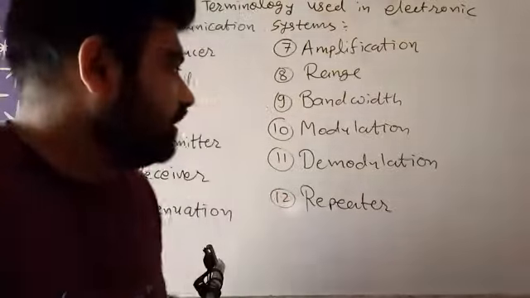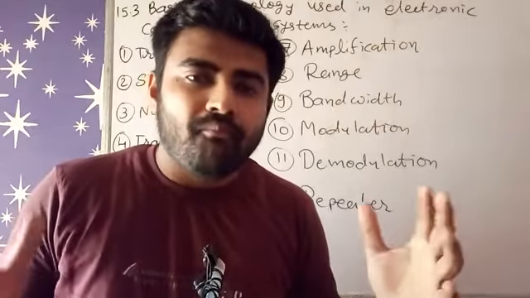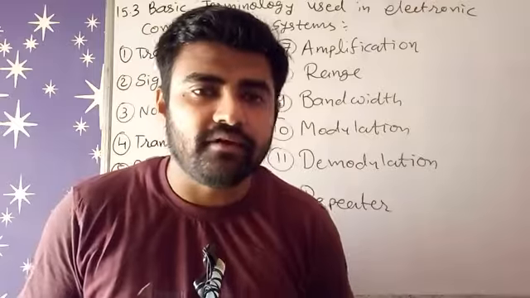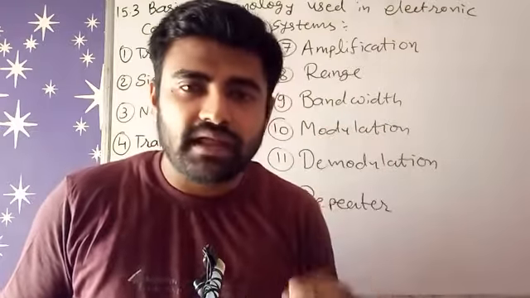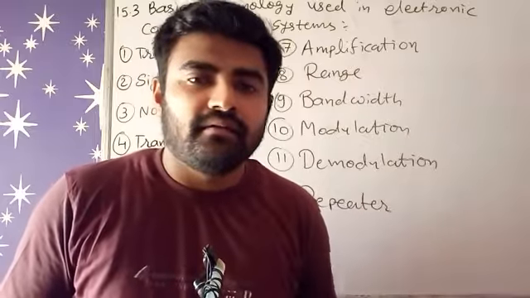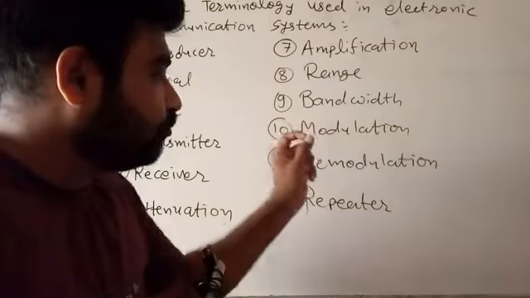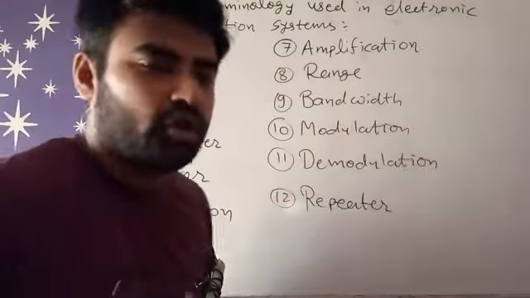So what we have to do is combine that low frequency with a high frequency, and that high frequency is called the carrier wave. The carrier wave is combined with the low-frequency data, and then it can be transmitted up to a larger distance. That combination process of low frequency with high frequency is known as modulation.